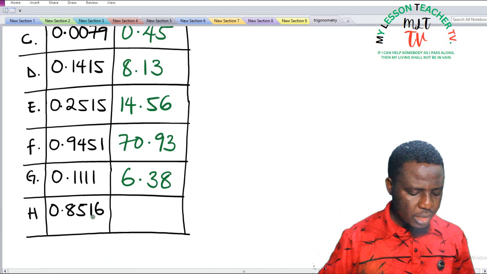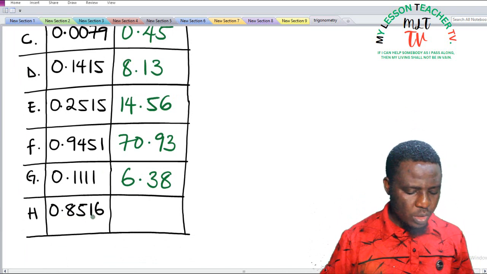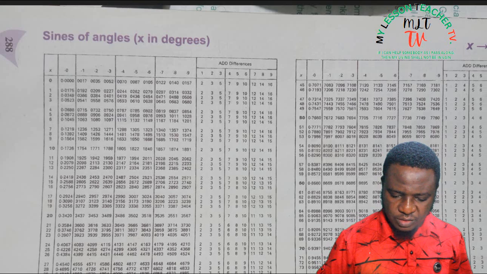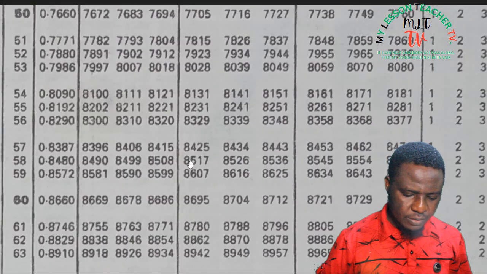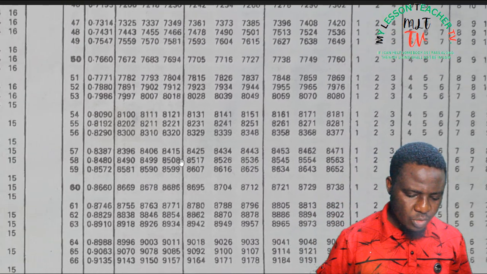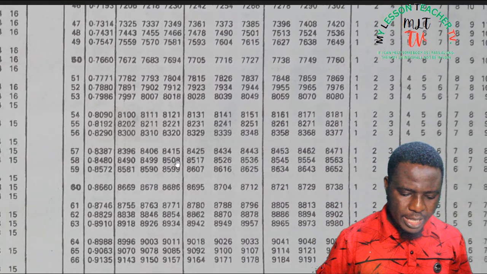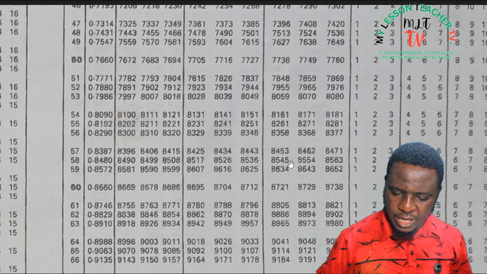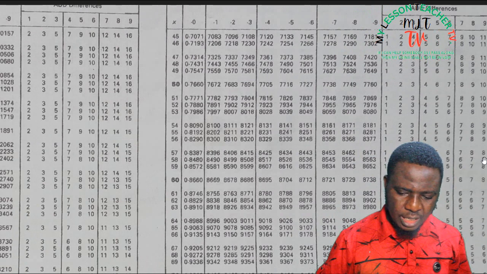We'll also do the same to H, where we have 0.8516. For 8516, this is 8517, which is higher than 8516. So I have 8508. Looking for a difference of 8, go to the difference table, and difference 9 gives us a difference of 8.